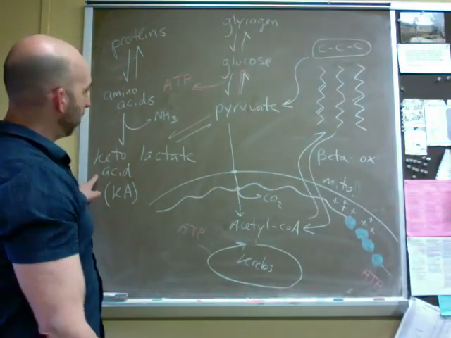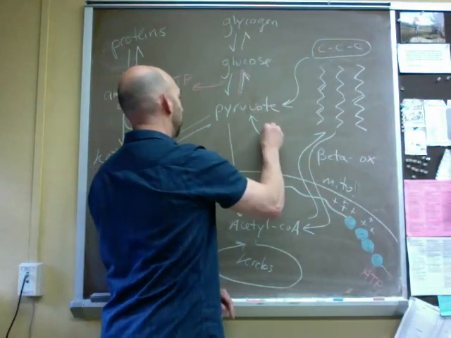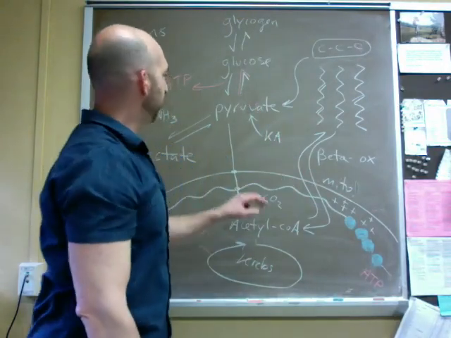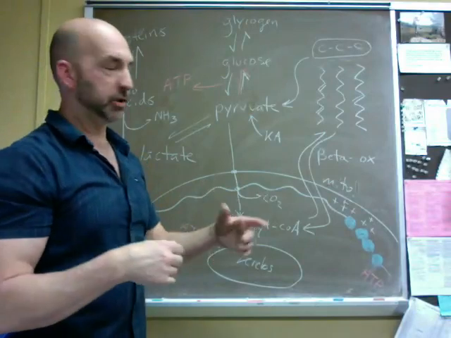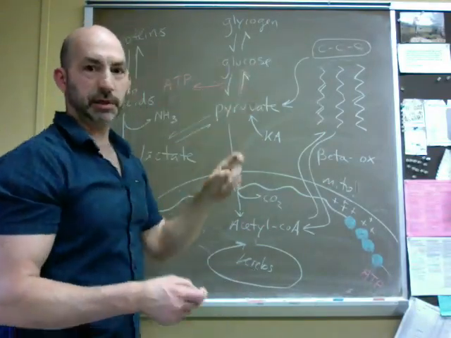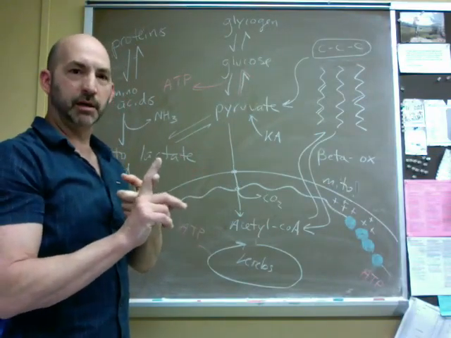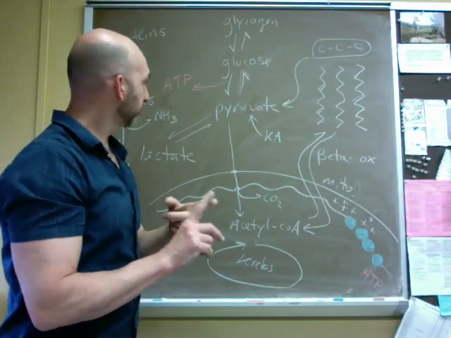All right, so where are keto acids going to funnel in? Well, some of them have a structure where they could funnel in as pyruvate, with modification, and then be used for gluconeogenesis, so we can use amino acids from protein to make new glucose.